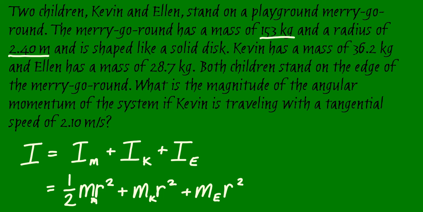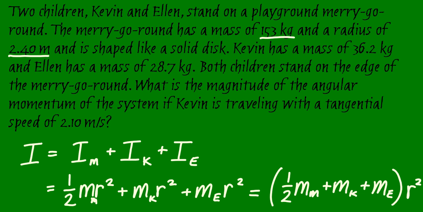That's that same R value that I'm going to plug in for all of these quantities. So really I could simplify this to saying 1/2 times the mass of the merry-go-round plus the mass of Kevin plus the mass of Ellen times the radius squared. Just makes it a few less numbers that I need to plug into my calculator.